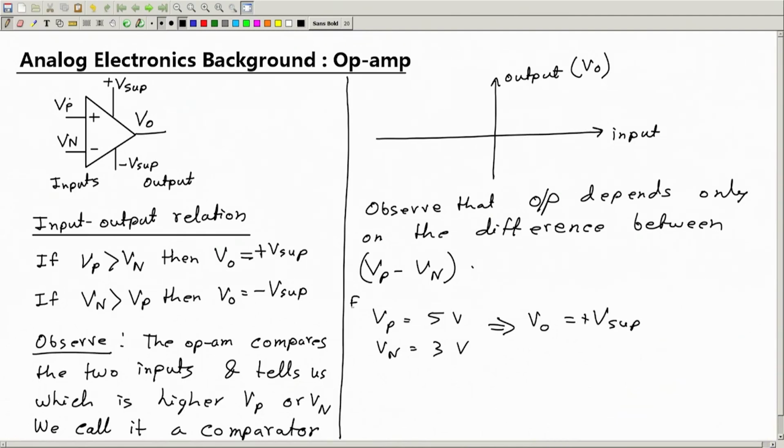Similarly, another example: Vp is equal to say 2 volt and Vn is equal to say 1.5 volt. Then also Vo will be equal to plus V supply. It doesn't depend on the actual value of Vp or Vn. It depends only on the difference, right?